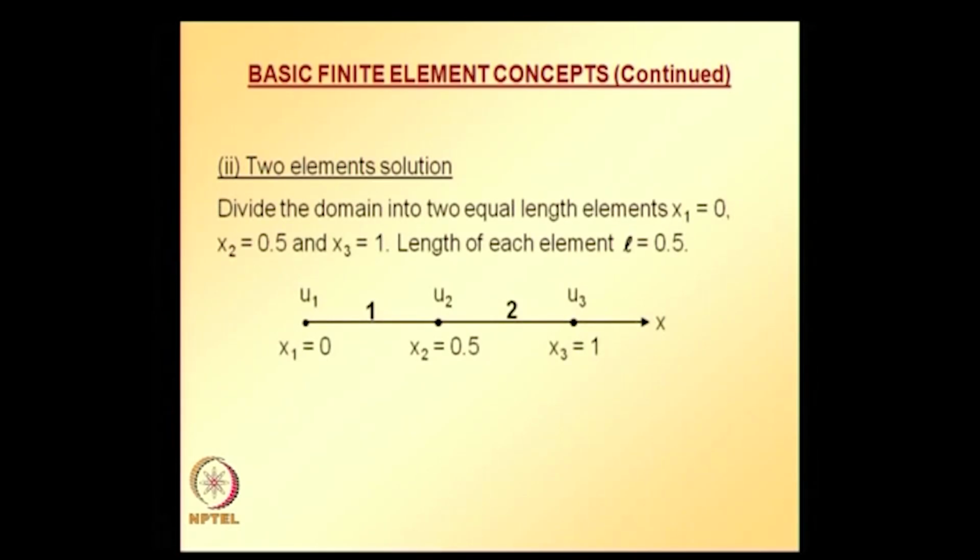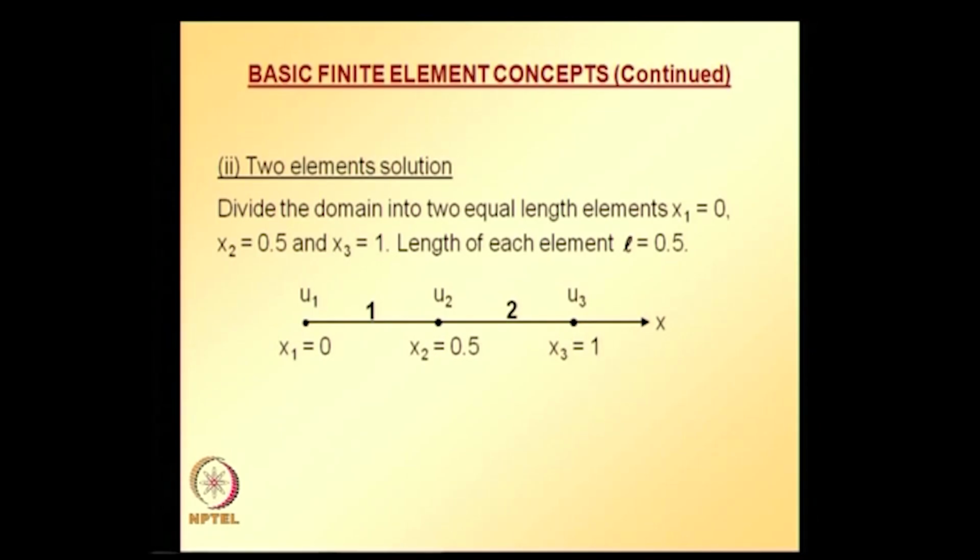2 element solution. The solution procedure is the same as for the 1 element solution. First you need to discretize the domain into 2 elements here, because we are looking for a 2 element solution.